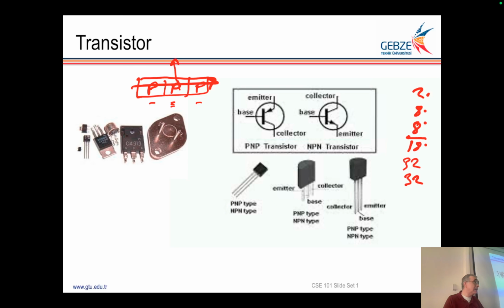So you can turn it on and off by controlling some current coming into the middle section. If it is NPN, you inject a little bit of electrons, so that it becomes NNN, and a conductor.